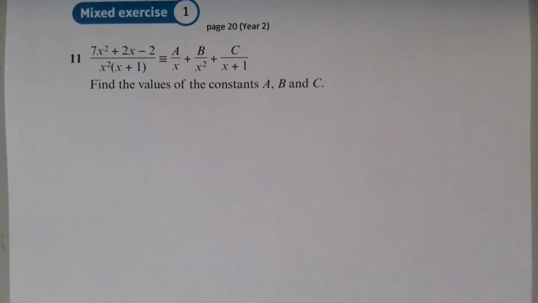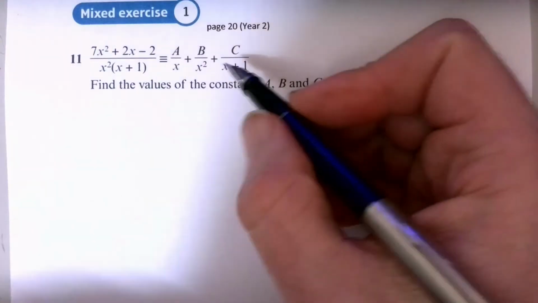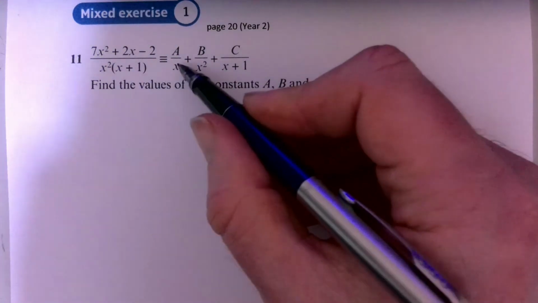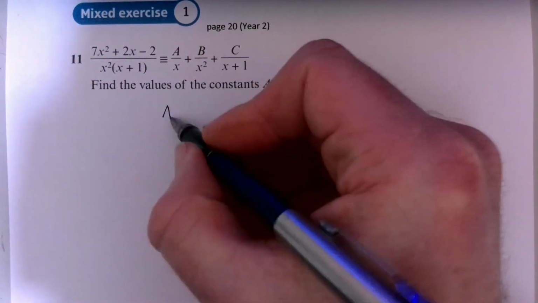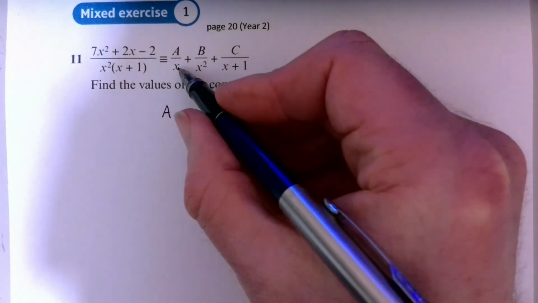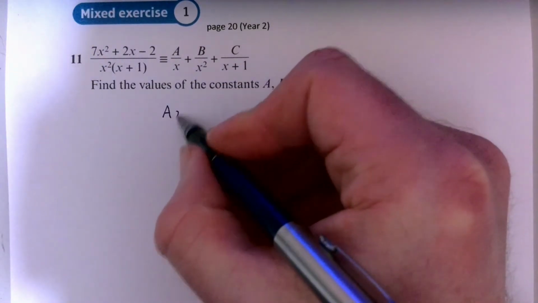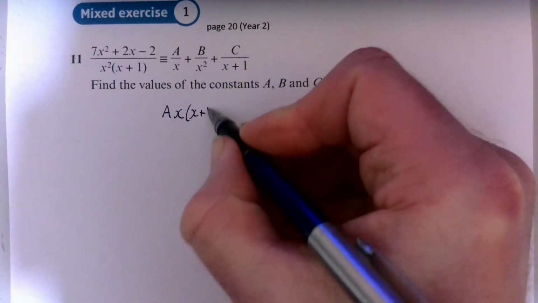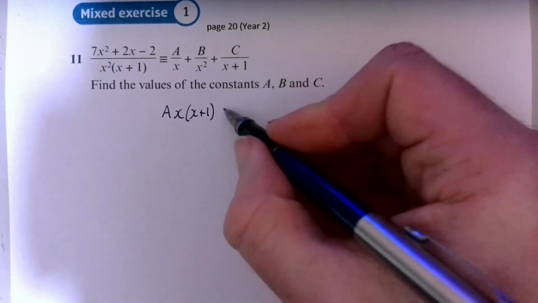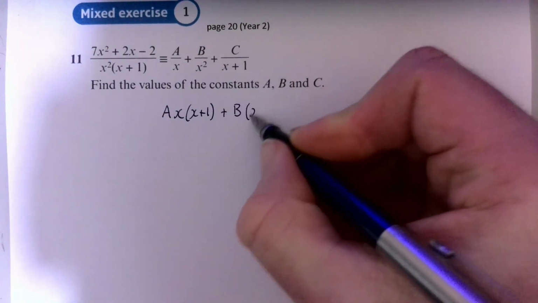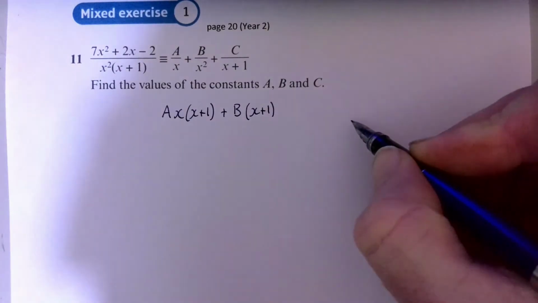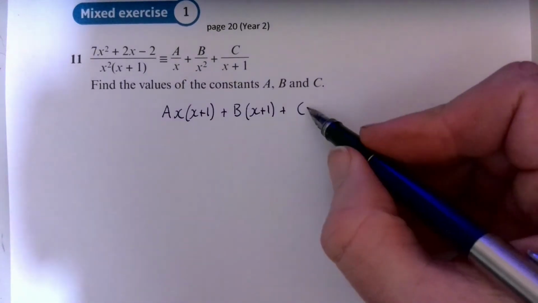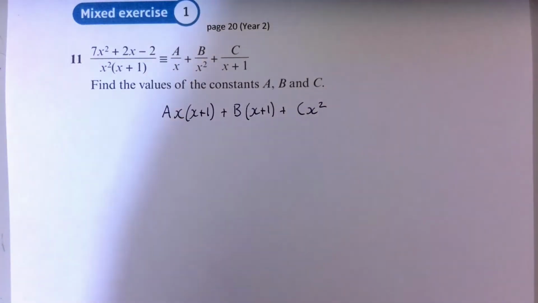So the first thing we're going to consider is that, in order to get that, if you had this and you were going to work back towards that, you would need to multiply A by x so that you got your denominator to be x squared, but also by the x plus 1. B would just need to be multiplied by x plus 1, and C would need to be multiplied by the x squared, which I can just write like that.